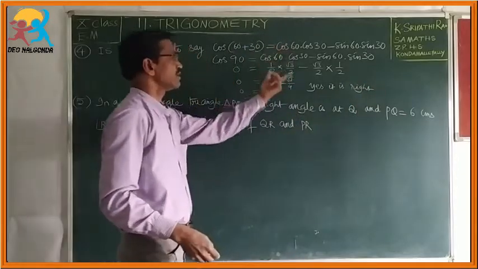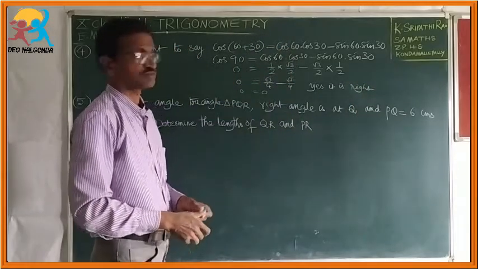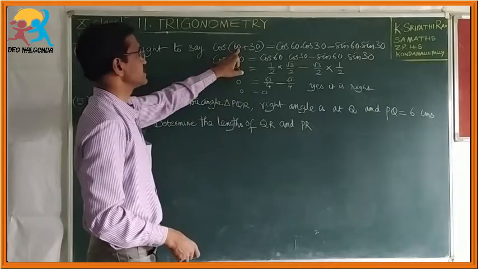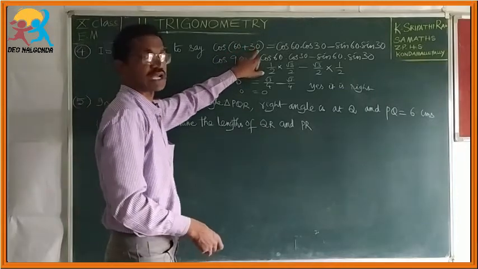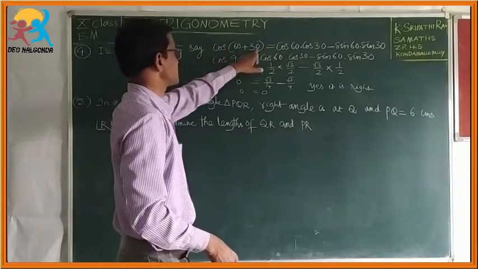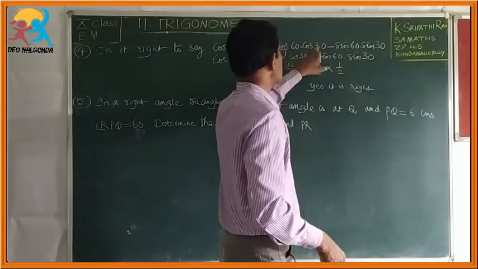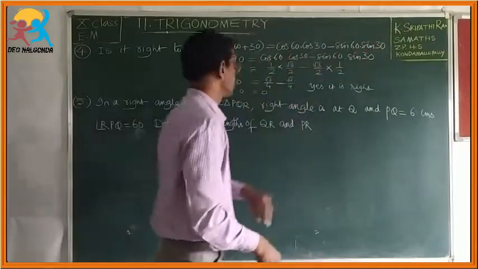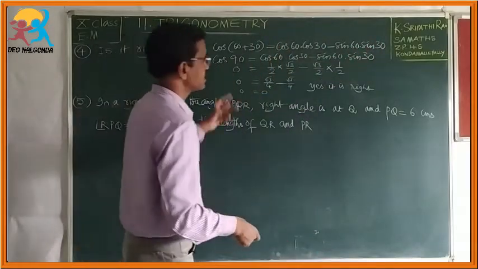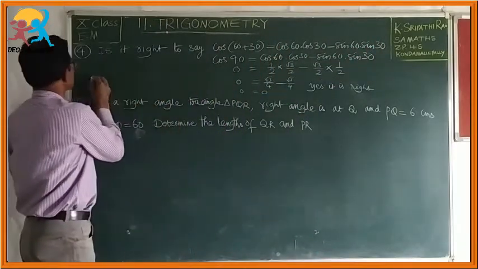Can you say right? From this we can prepare a formula also. What is that? If we take A is equal to 60, B is equal to 30, then sin of A plus B is equal to sin A cos B plus cos A sin B. By substituting the values, we can write a formula also.